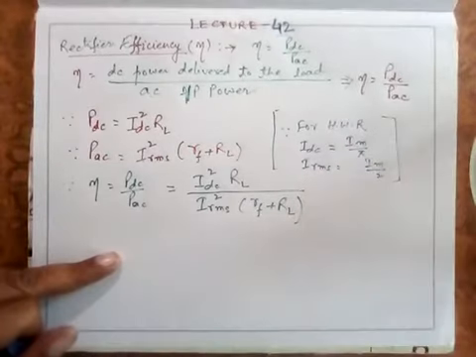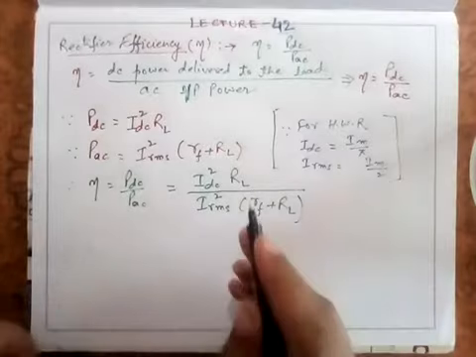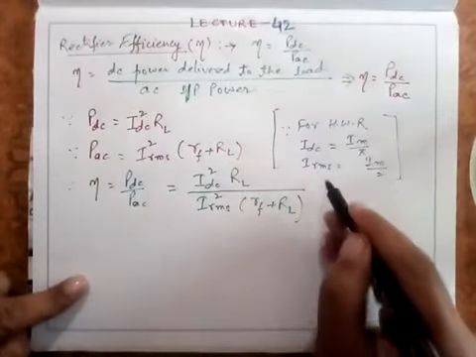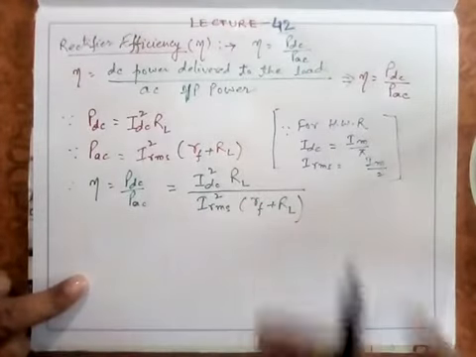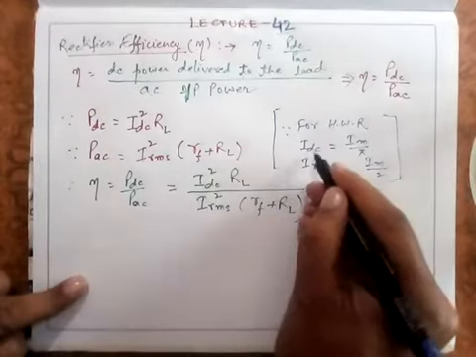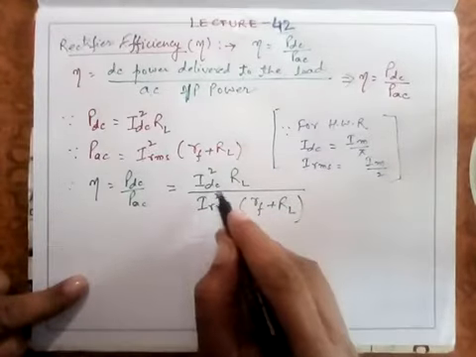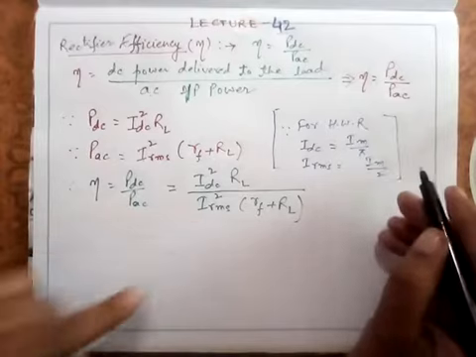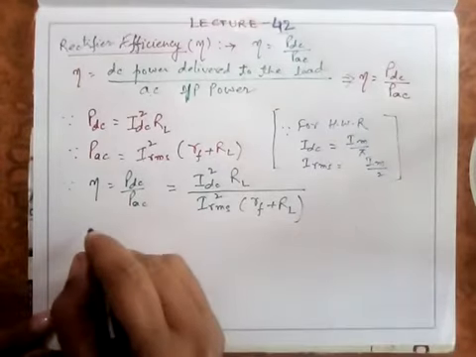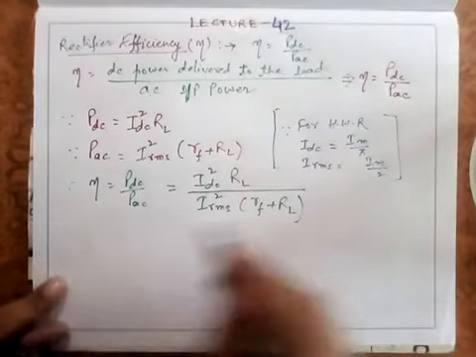We have derived this already in the previous lectures. All I do is substitute IDC equal to Im by pi here and IRMS equal to Im by 2 here.